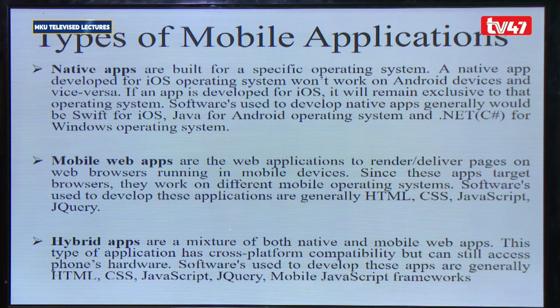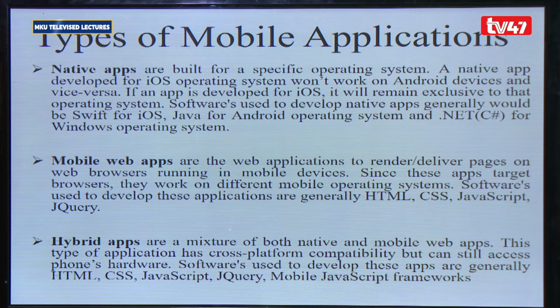So the next type of mobile application, we have the mobile web app. The web application renders and delivers pages on web browsers. Web browsers cut across different mobile phones and different operating systems.